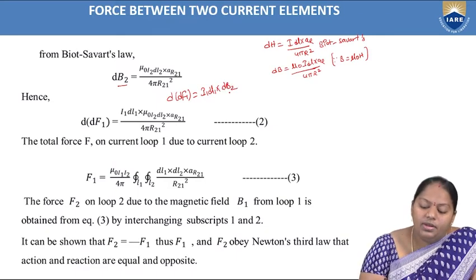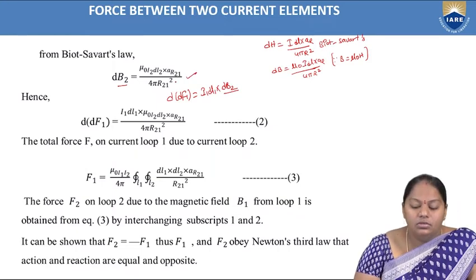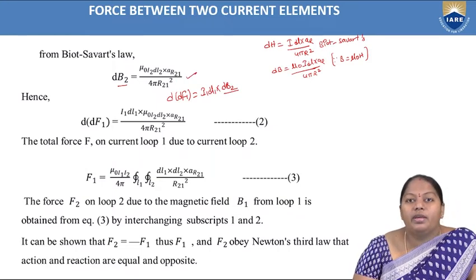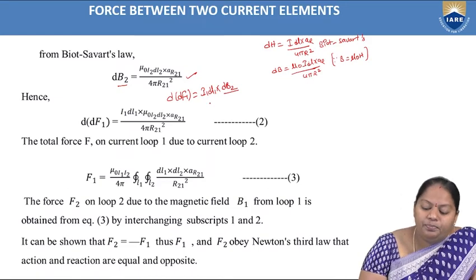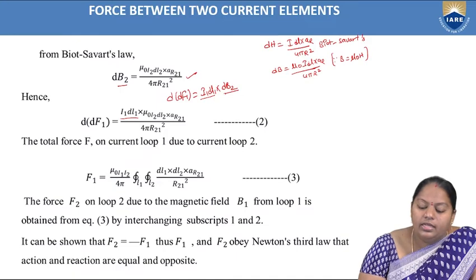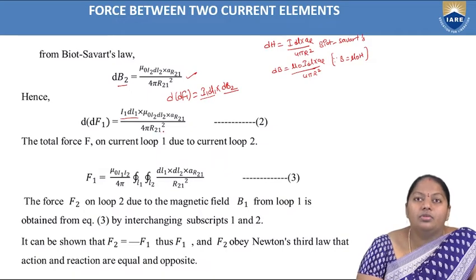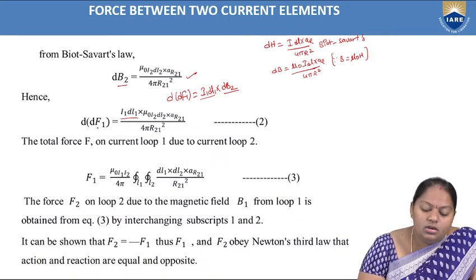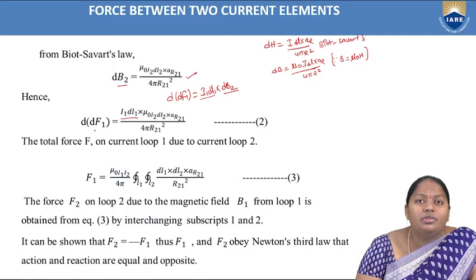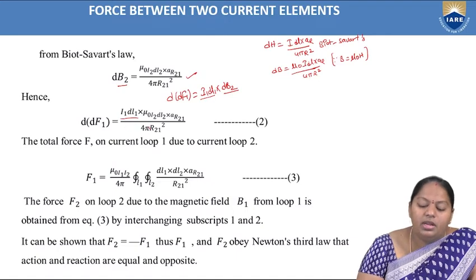So, in place of this dB2, if you substitute μ0 I2 dl2 aR21 by 4π R21 squared, then the first current element is I1 dl1, hence I1 dl1, and dB2 is given by μ0 I2 dl2 aR21 by 4π R21 squared. So dF1, the differential force 1 due to the first current element I1 dl1, is to be obtained.